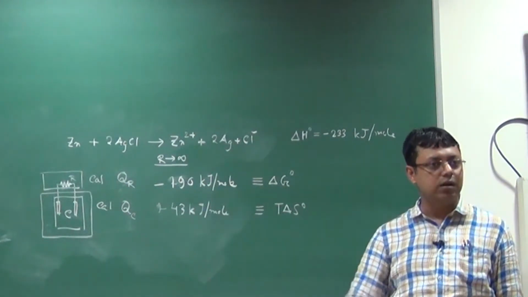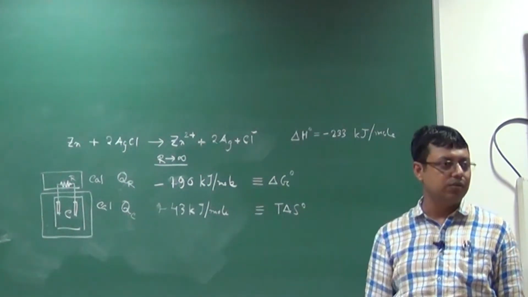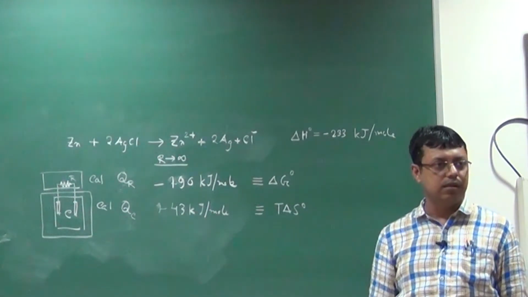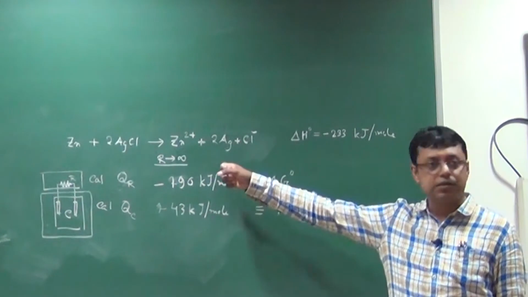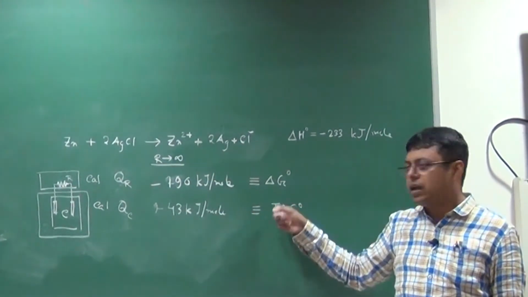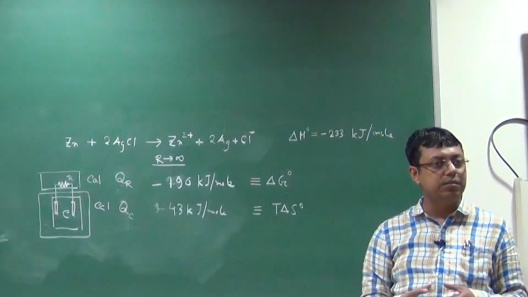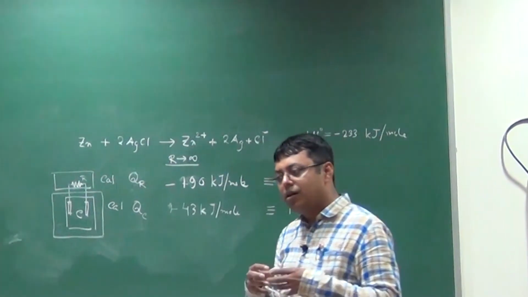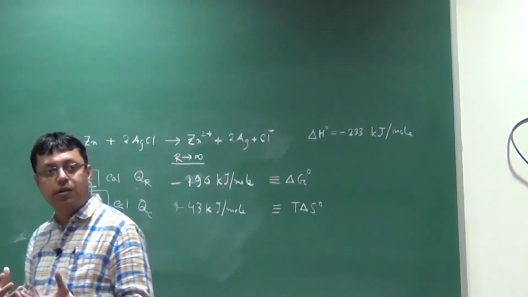But to do this work, there is some entropy change associated with the system, which is happening in the cell. This will happen only in the reversible limit, strictly. So then I can understand the meaning of this partitioning, and the meaning of this reversible condition.